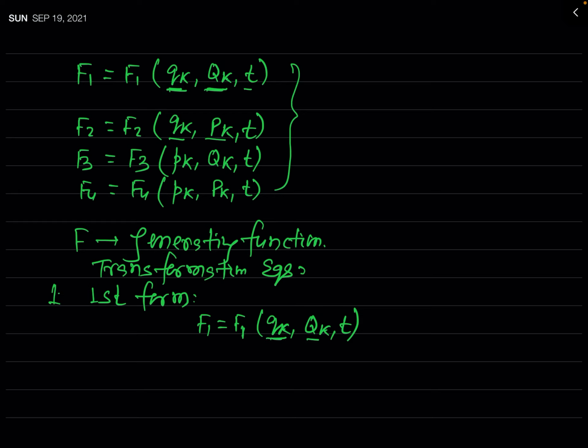If here is qk, the conjugate momentum will be a small pk, and if here is capital Qk, then the conjugate momentum will be in fact capital Pk. So we have to find a small pk and a capital Pk in this case. Remember it.